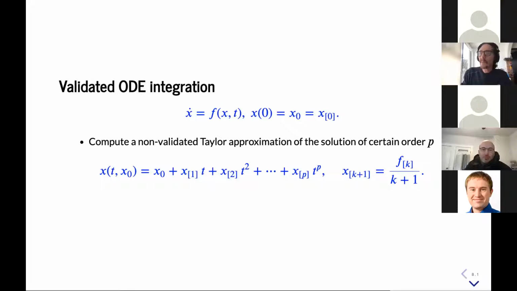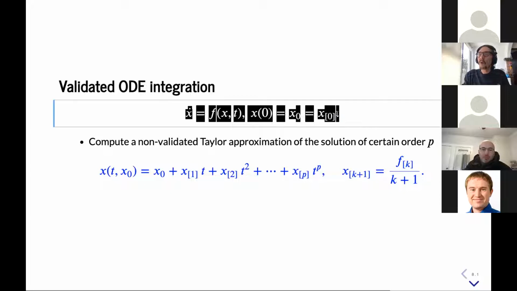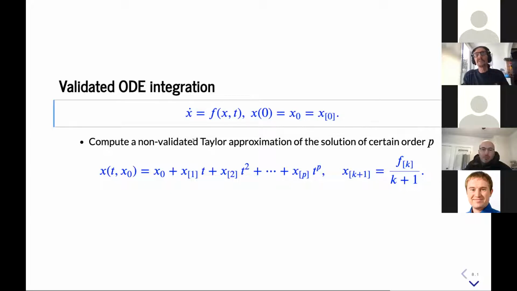So as I mentioned very briefly, we have some implementation, and the use of Taylor models is actually to deal with validated integration of ODEs. So the ODE is the common setup. You have a differential equation, you have an initial condition, you may have parameters, you may have intervals on those parameters or on the initial conditions.